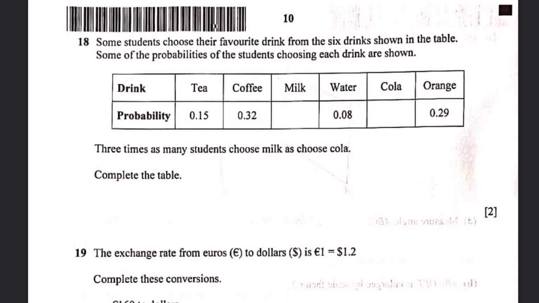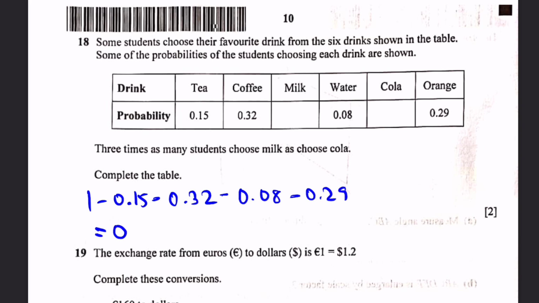So it'll be 1 minus 0.15 minus 0.32 minus 0.08 minus 0.29. And once we do this subtraction, the answer will be 0.16. So that is 4 parts, and I'll tell you why. Let's take cola as 1 part, and 3 times as many students choose milk as choose cola.